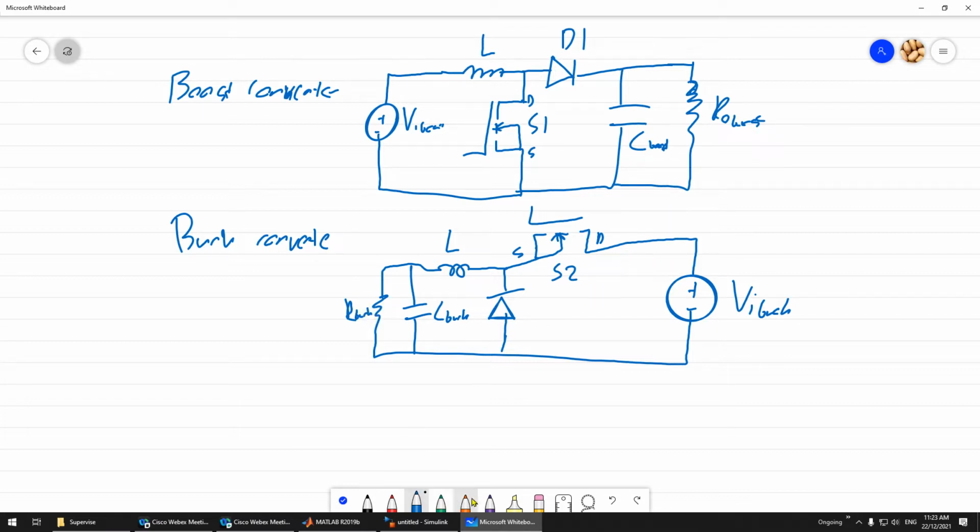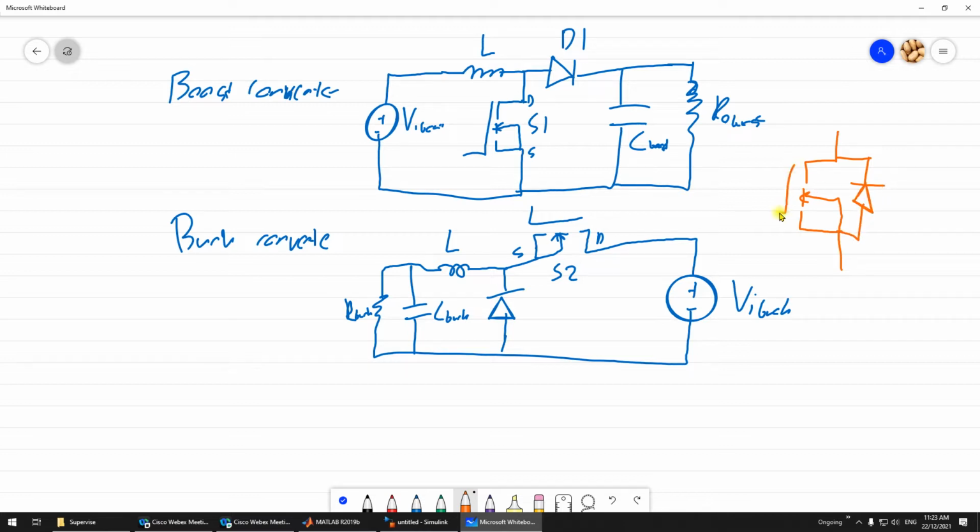And if you can see here, you can relate these components actually. So this one is equal to this one. And for the diode, remember when you buy a MOSFET, automatically it will include something like a bypass diode.